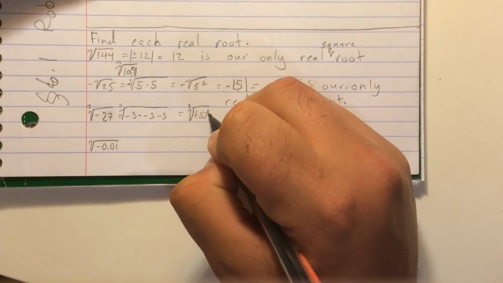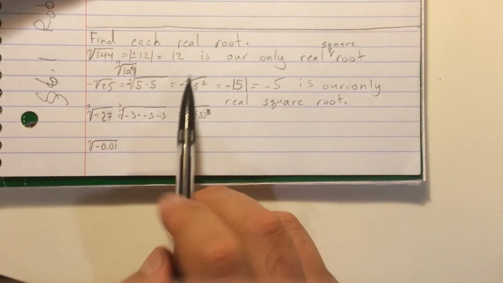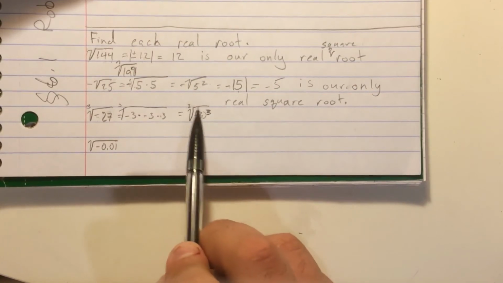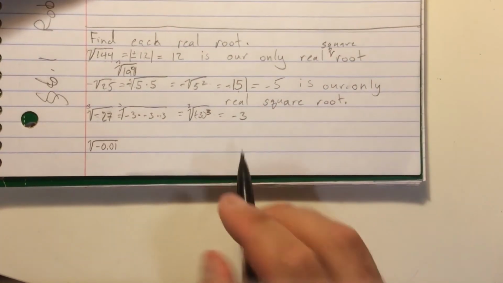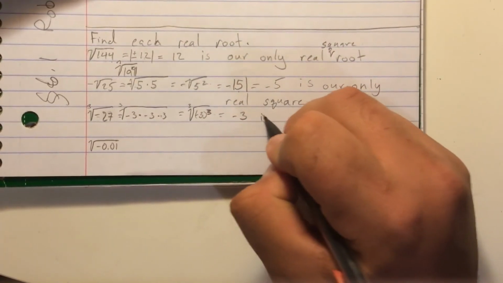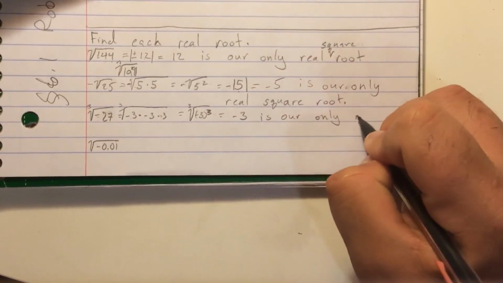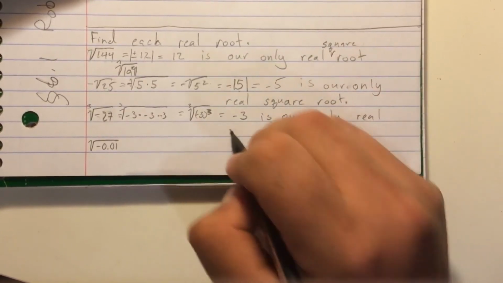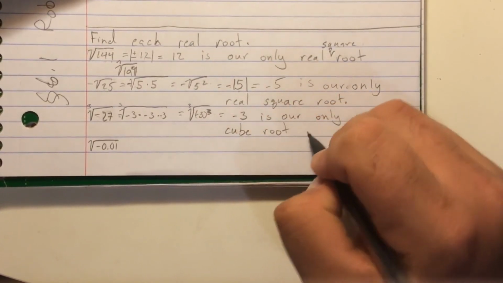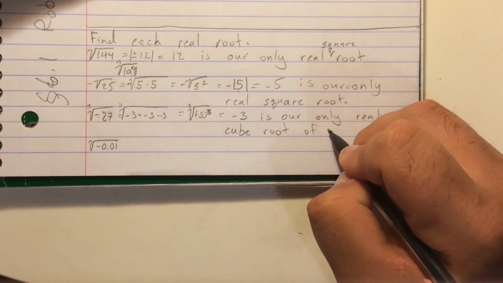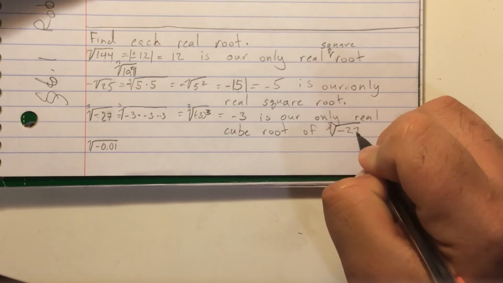Then just like we had the squares, now the cubes reduce, giving us our real root of negative 3. So negative 3 is our only real cube root of the cube root of negative 27.